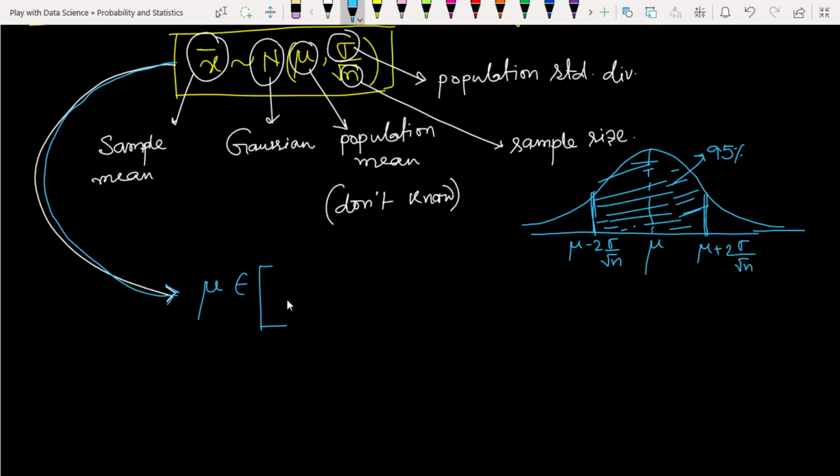This mu lies in this range, meaning x bar minus 2 sigma by root n to x bar plus 2 sigma by root n. Why? Because x bar is the sample mean.